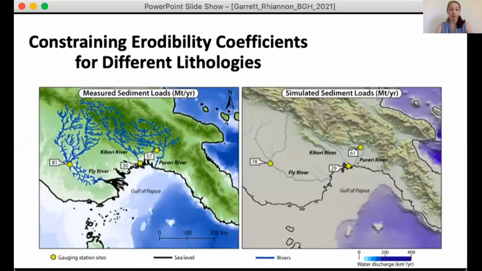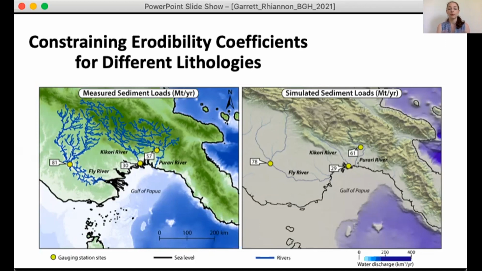To constrain the erodibility coefficients for the different lithologies, I iteratively ran a series of simulations varying the erodibility coefficients of those categories, and each simulation represented the surface evolution of the Gulf over the past 35,000 years. I would then compare the measured sediment loads of the Fly, Purari, and Ferrari rivers, which are on the left, to the sediment loads of the equivalent rivers in my simulation.